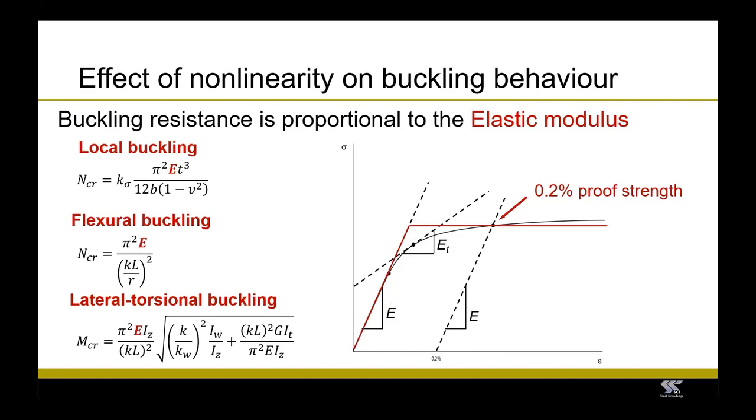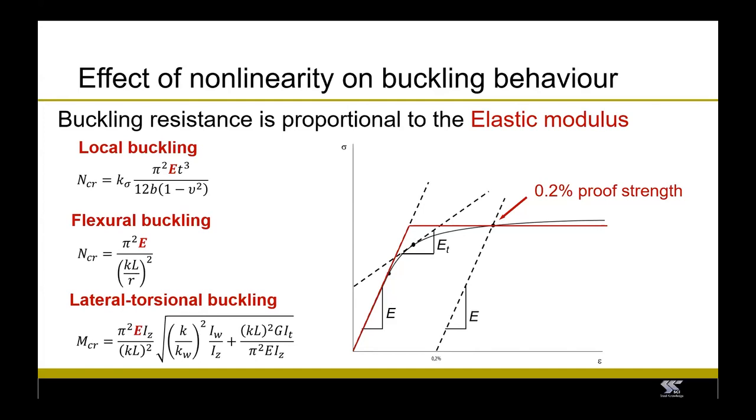And if you want to calculate the elastic buckling load at a given stress level, you will have to first calculate the tangent modulus at that particular stress level, and then use that tangent modulus to calculate the elastic buckling load at that stress level.